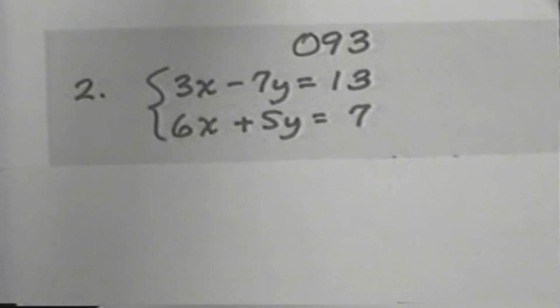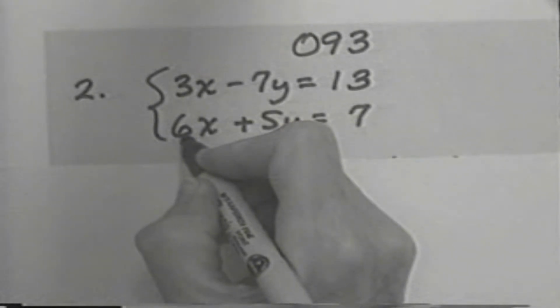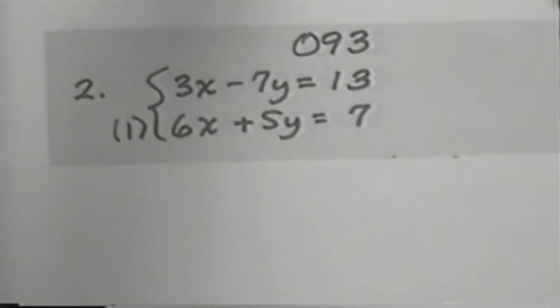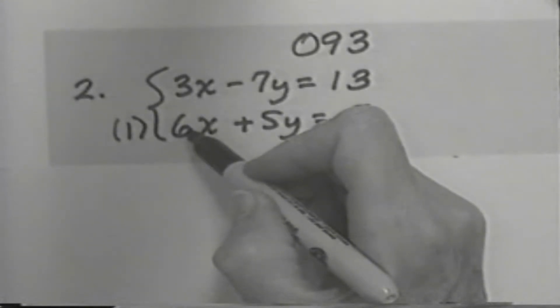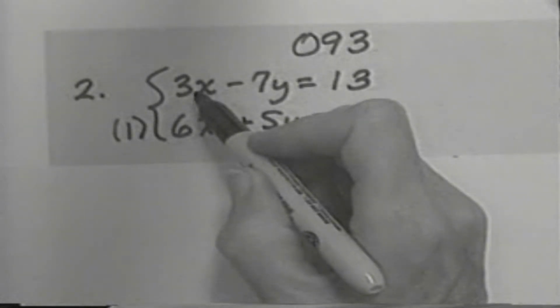I'll make one of these be positive and the other be negative. Since one of the equations already has the coefficient I want, the second equation with the coefficient of 6, I will simply multiply by 1. That is, leave the second equation unchanged, just for laziness. The first equation has a coefficient of 3. I would like a coefficient of negative 6, so that when I add it to 6x, these will cancel.